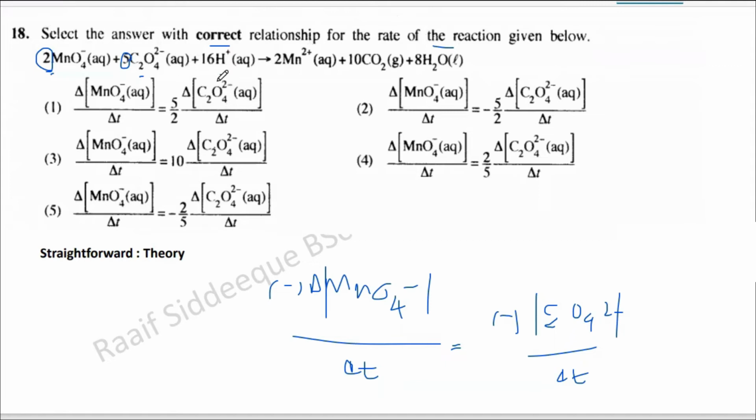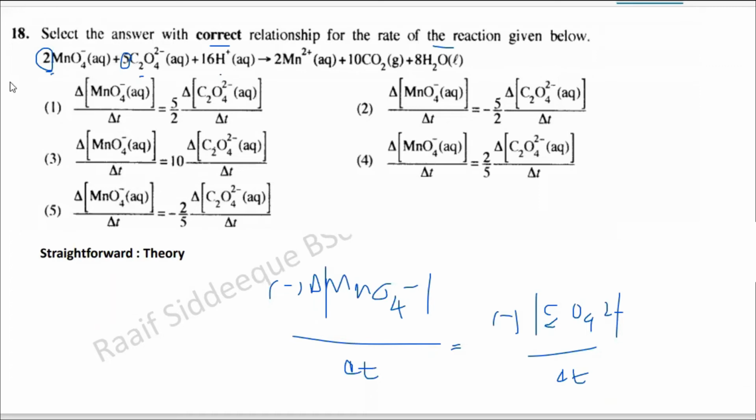Okay. So to make this balance, MnO4 minus is consumed 2 times when C2O4 2 minus is consumed 5 times. So no problem in that. But when you compare these two, you have to give the numerical coefficient same to this and this when you want to equalize the rate.